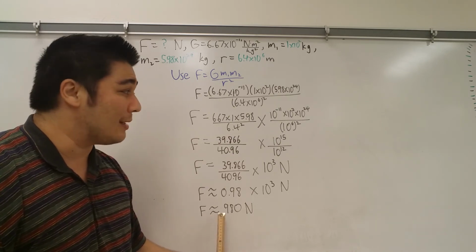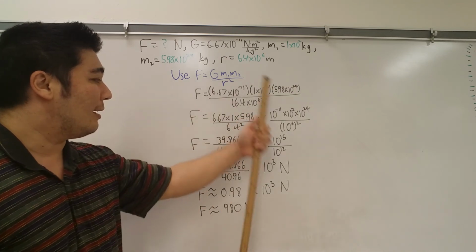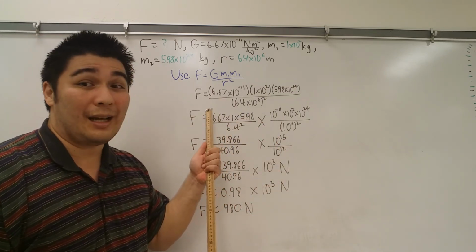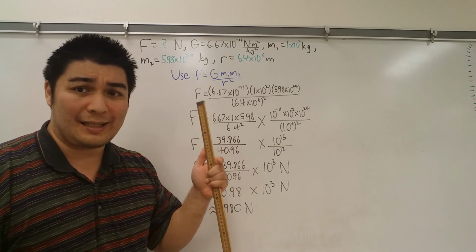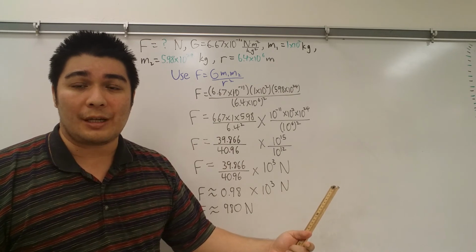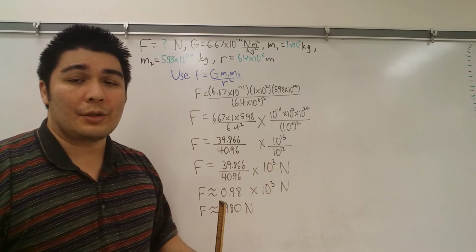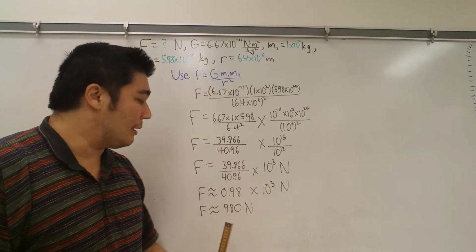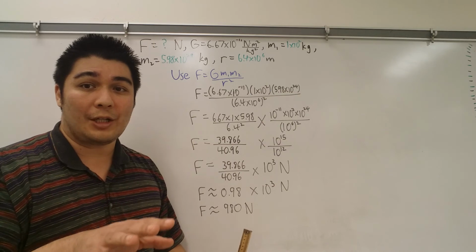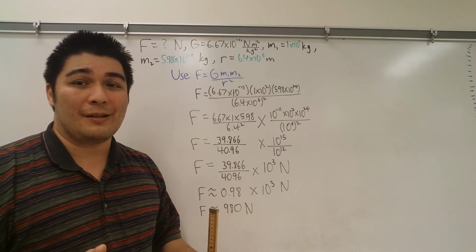As you can tell, the only real difference between part 1 and this part is this approximate sign right here. Now that I have gone through this entire process, it's actually a lot more succinct and a lot more complete than F equals mg. While you're working on this, just know that a lot of times if you get a really nice round number, especially for gravitational acceleration, that's not going to be the end-all be-all.